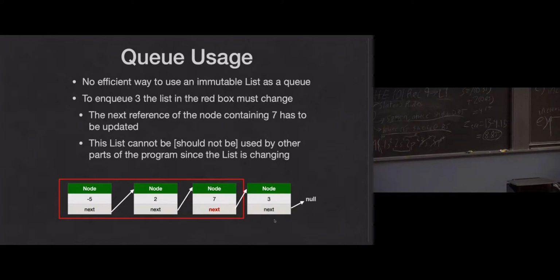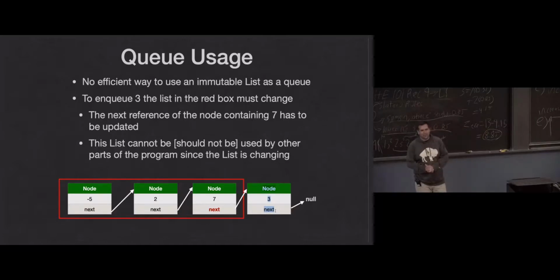When I enqueue 3, I create a new node that refers to null, but I also had to go to the next value of the previous end of the queue and update that to be a reference to the new node that I just created.